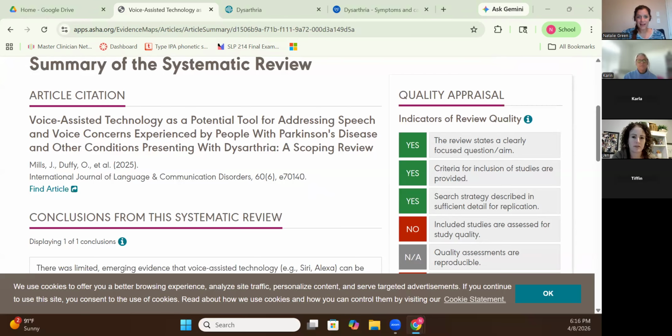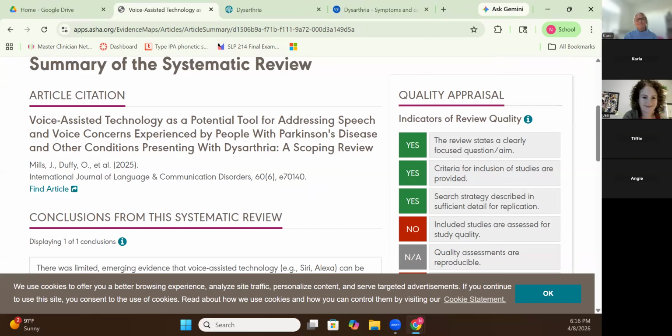Hypokinetic. Yes. I was looking at my notes too to double check. Yes, hypokinetic, right? So we know we're looking at hypokinetic, and hypo means reduced, so a lack of movement with that.